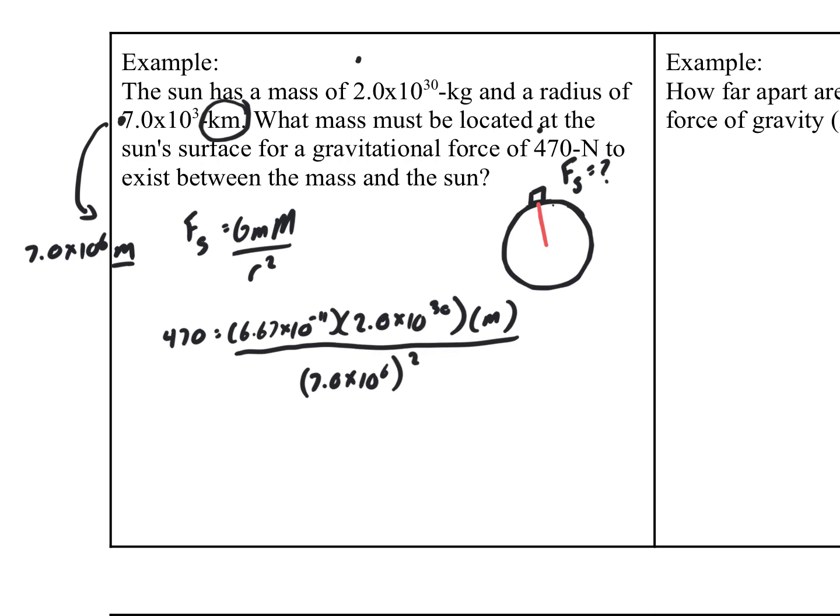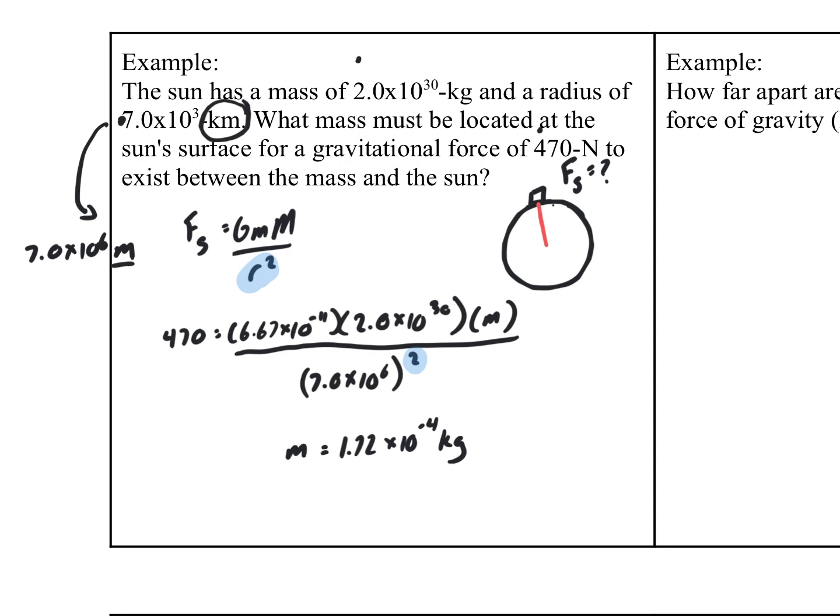A lot of the errors I see tend to be centered around this thing right here, making sure we're squaring that when appropriate, okay? So we do a little bit of math, and one of the things I want you guys to do is make sure you do the calculator steps to get this, but we get a little mass value of 1.72 times 10 to the negative fourth kilograms.